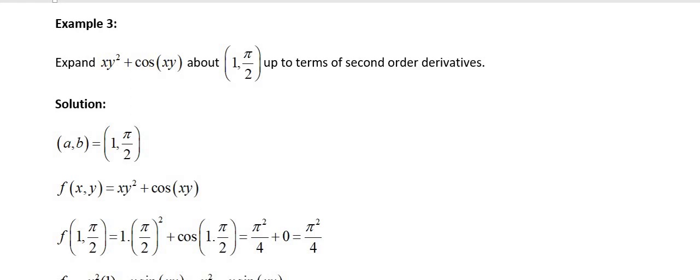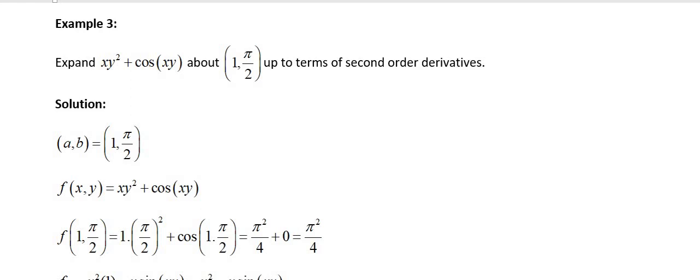The given function is f of x comma y equal to xy square plus cos of xy. About the point, this is the given point. We want to find out the Taylor series of this function about this point.